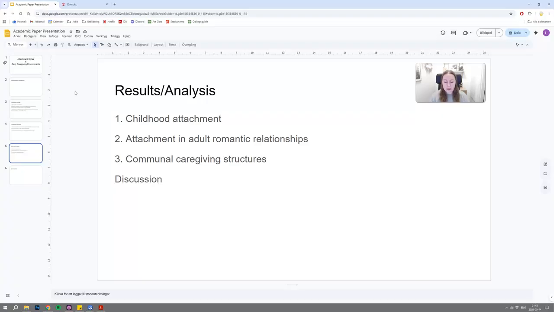And the reason for this, Sarah Blaffer Hrdy argues, is that it's evolutionarily advantageous for the child to depend on several different caregivers, as people in hunter-gatherer societies don't really manage to gather enough food for their entire family.